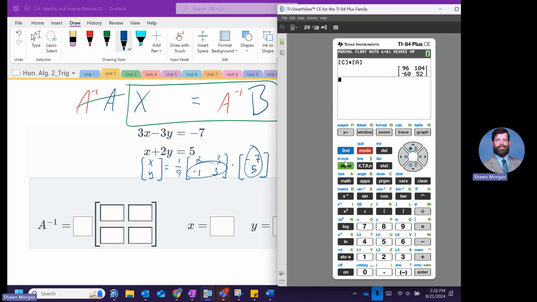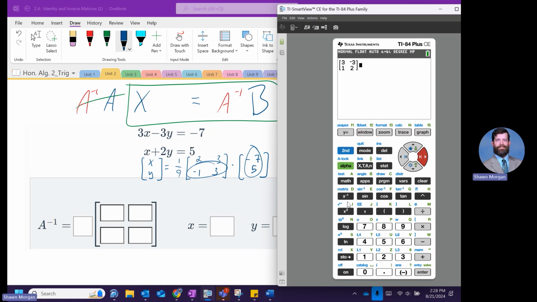So let's do, actually, I'm going to forget who it was I was talking to earlier, but he said he preferred doing it on the home screen. He did not like to store it. So I'll show you how that works. We're going to call up a 2 by 2. This is going to be my A inverse. I'm going to type in A, which is 3, -3, 1 and 2.